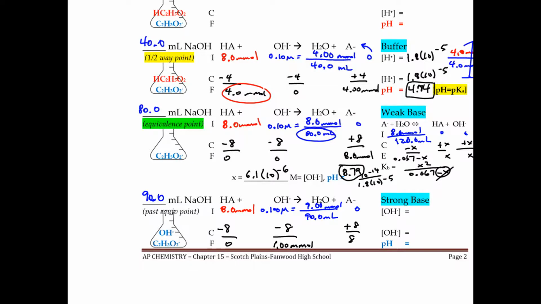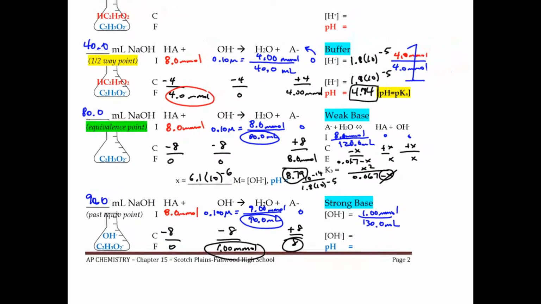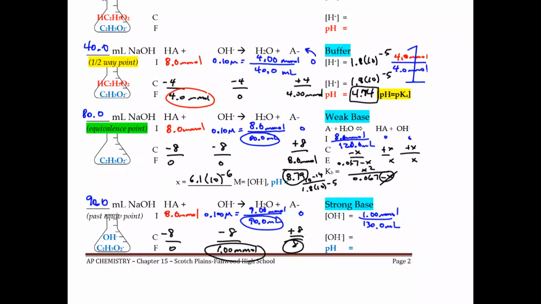You have a strong and a weak. It means you only care about the strong. So you're going to take the base leftovers, which is 1 millimole, divided by the total volume, which is the 90, plus the original 40, which is 130 milliliters. When you get that, you're going to get an OH of 0.0077.